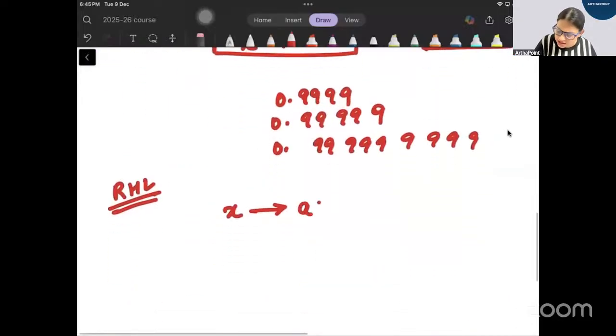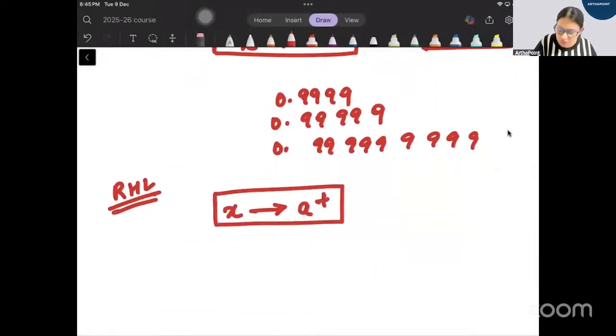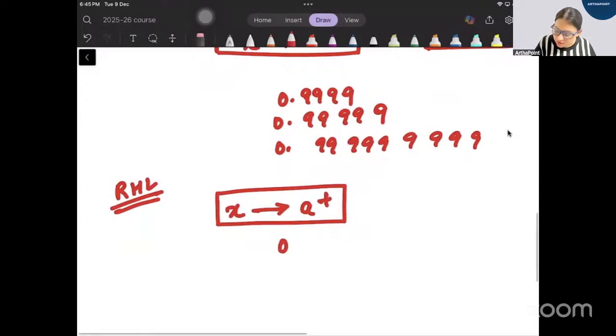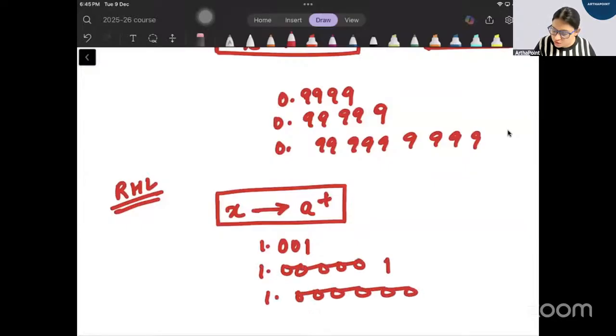It is written as a plus, right? And we are going to take values like 1.001, 1.00001, 1.0000001, जो भी है. Man, it has to be close to 1, but it has to be more than 1.